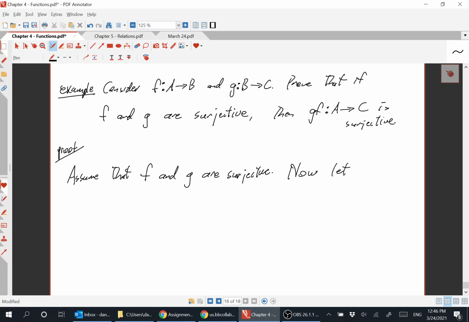So what do we do? We pick an element of the range.